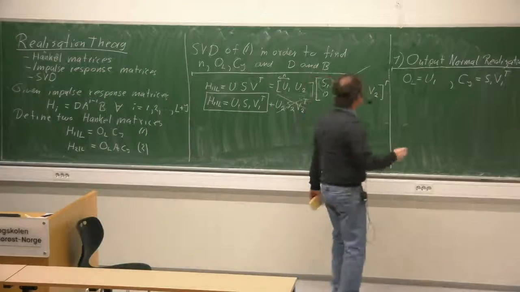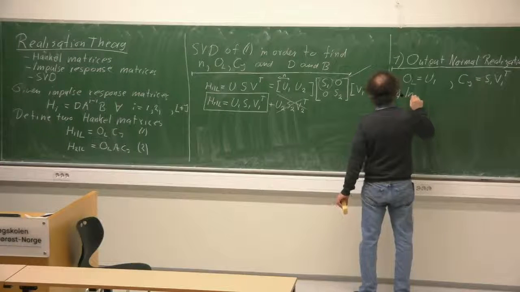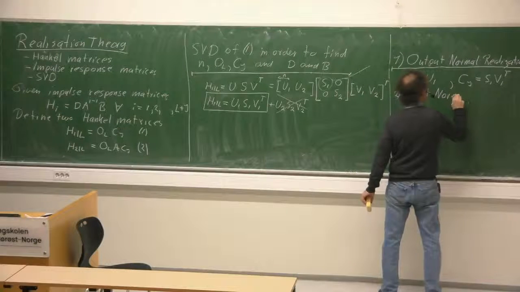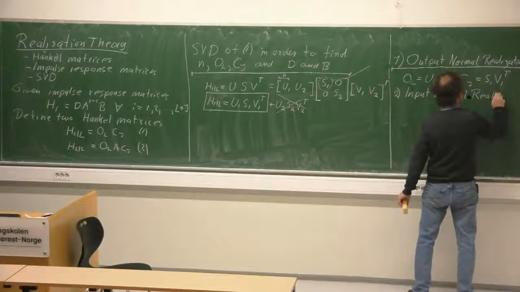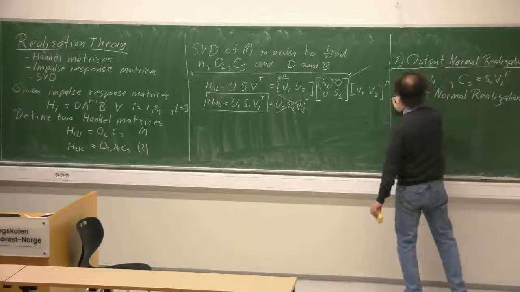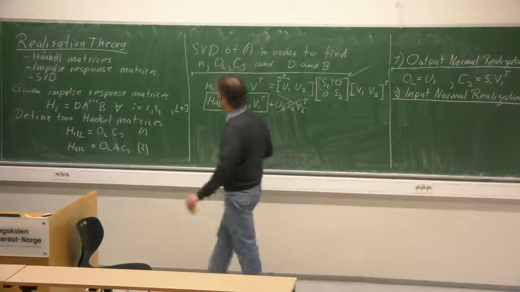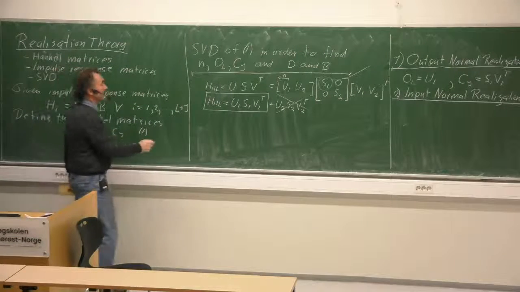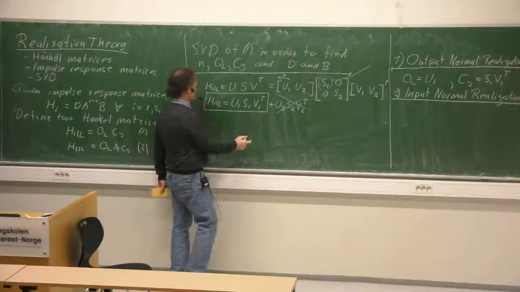We have a second choice, which is called input normal. That is the choice where we simply choose the controllability matrix equal to V1 transpose.